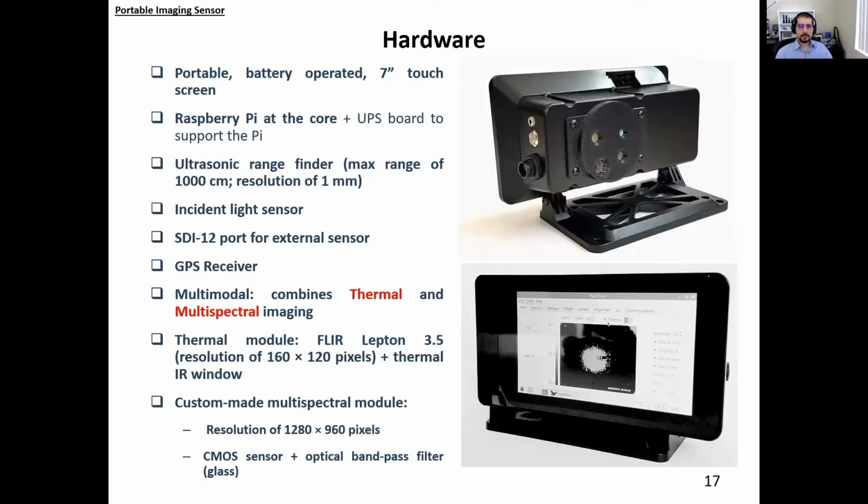So this portable all-in-one multimodal imaging system is battery operated. It has a 7-inch touch screen. As I said, the Raspberry Pi single board computer is at its core. I've added the UPS board, an uninterrupted power supply, to support the Pi and have it perform more efficiently and better.